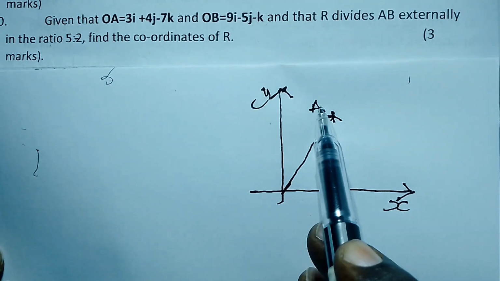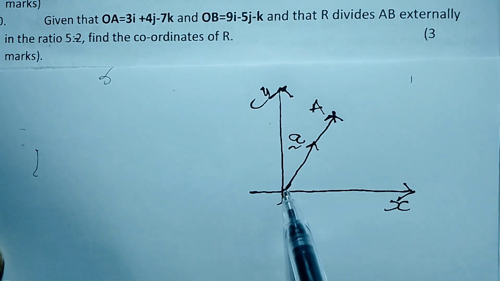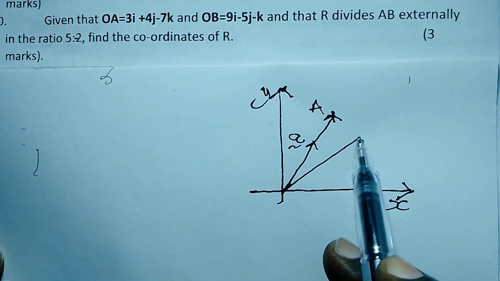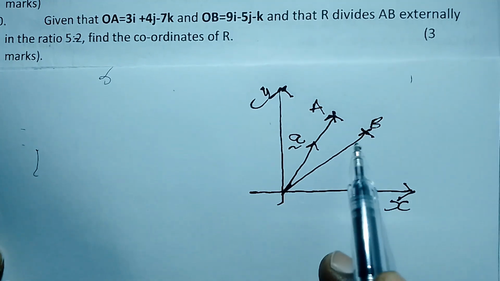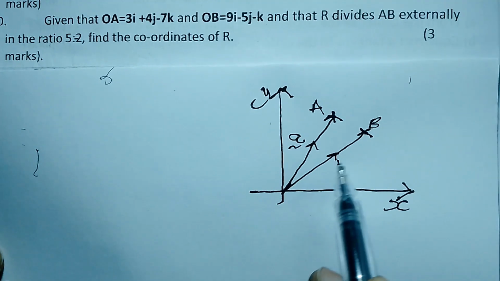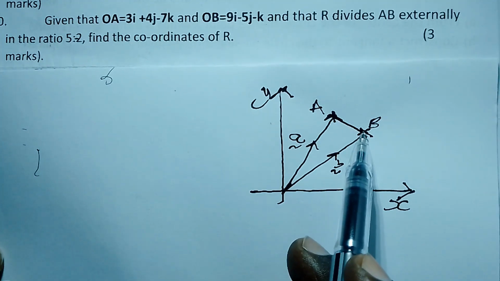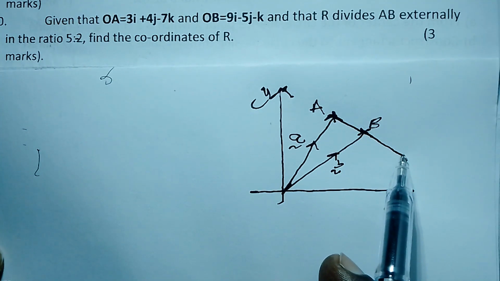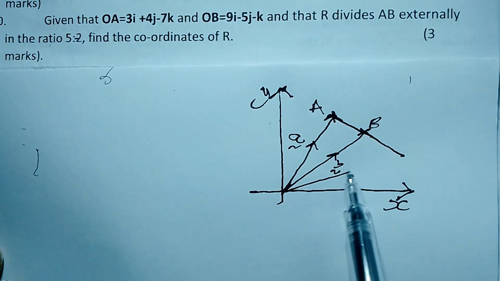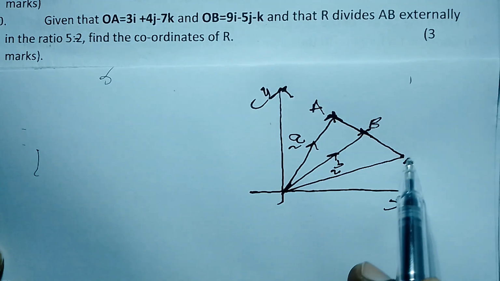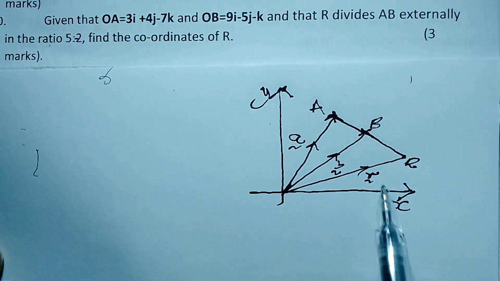That can be presented by vector A, and then there's another point here that can be represented by vector B, and they lie on a straight line. If R divides them externally, they lie on a straight line, so that we can have point R, and this is represented by small vector r.